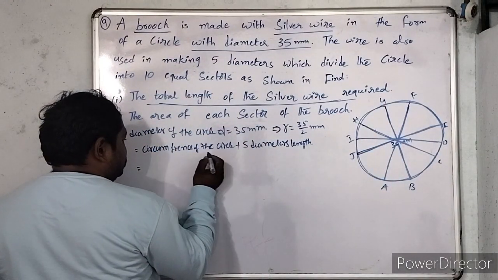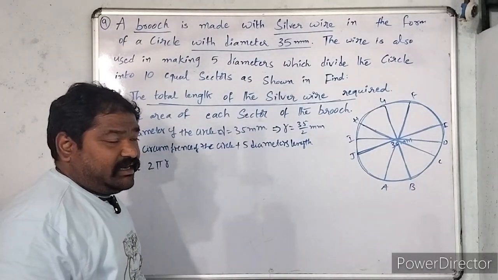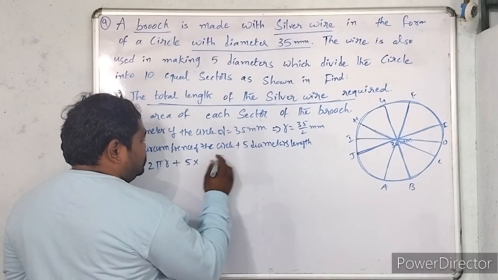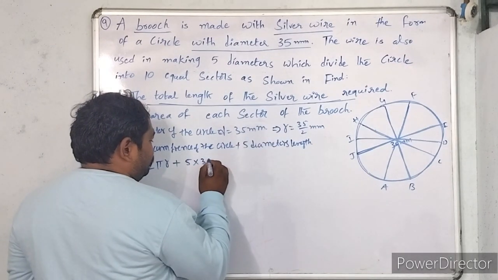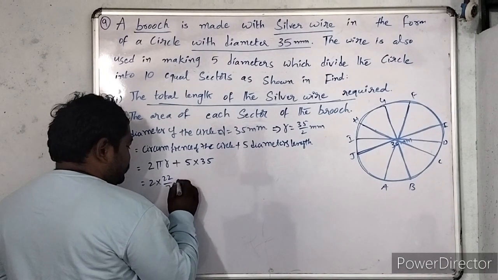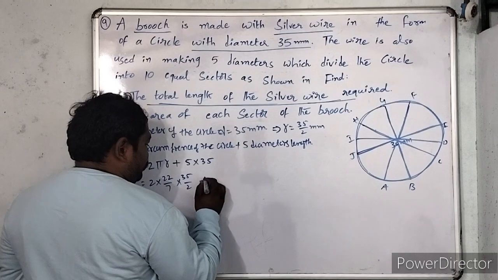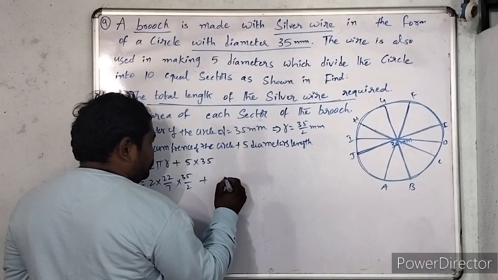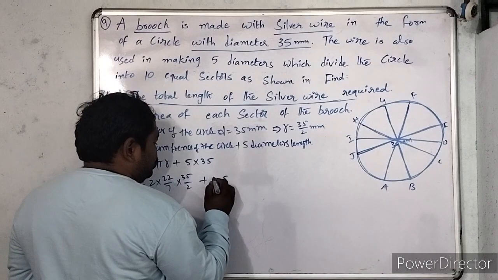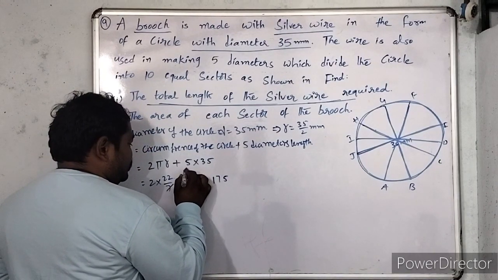Now, the circumference of the circle is 2 pi r, plus 5 diameters. What is the length of the diameter? 35. Therefore, 2 into pi, which is 22 by 7, into the radius, 35 by 2, plus 5 into 35. 5 5s are 25, 2 carry. 5 3s are 15 plus 2, 17. 7 1s are 7, 5s are 35.